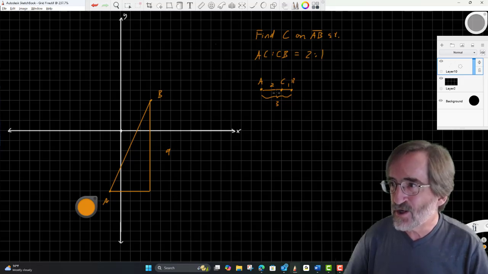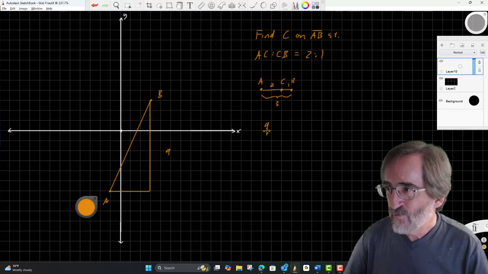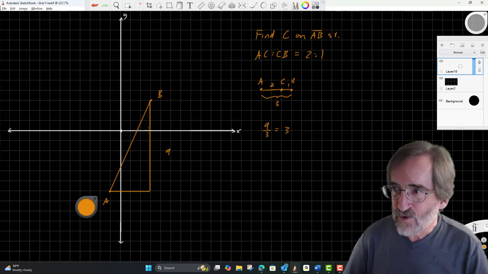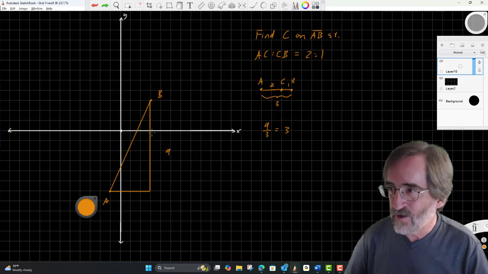So we're going to count off 9 cut into 3 parts. 9 cut into 3 parts is 3. So every 3 is 1. So 1, 2, oops. 9 divided by 3 is 3. So count off 1, 2, come on, count off 3. There we go. 1, 2, and 3 parts.